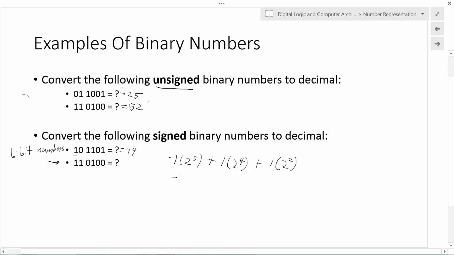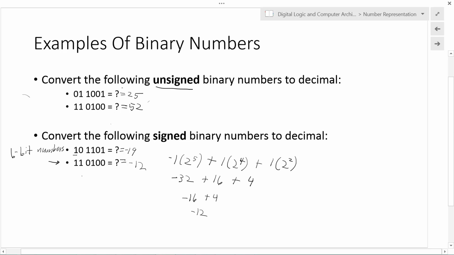So what do we have? Minus 32 plus 16 plus 4. So minus 32 plus 16 is minus 16, plus 4, and this is equal to minus 12.